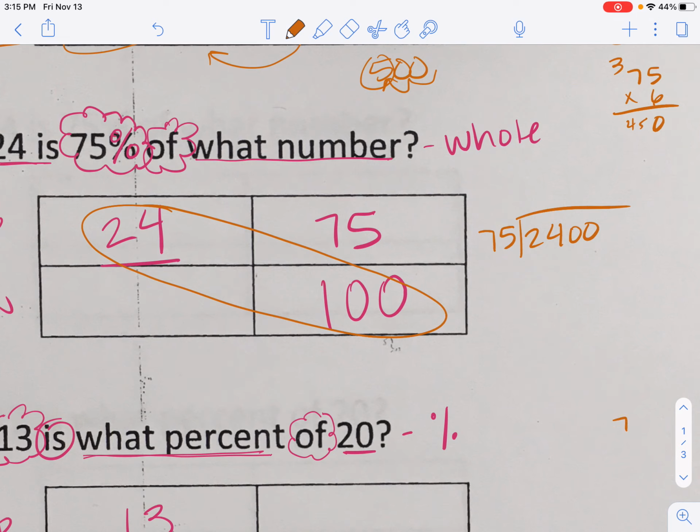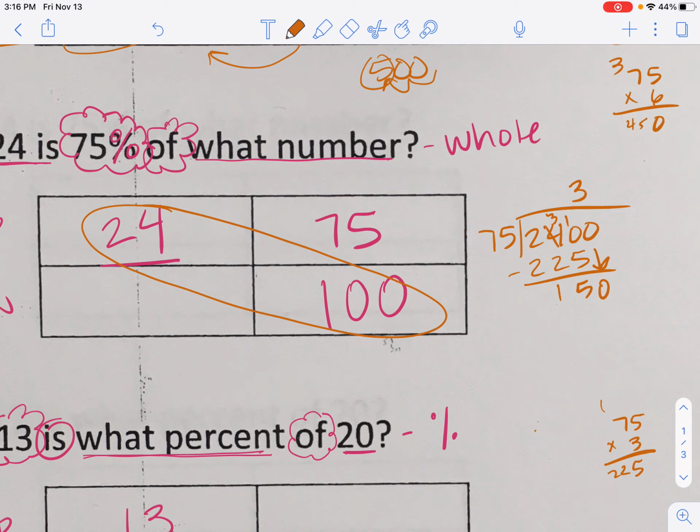So let's try 75 times 3. All right, 3 times 5 is 15. 3 times 7 is 21, plus 1 is 22. 225. And I know that if I try to do another 75, it'd be too much. So I'm going to put my 3 up here. 75 times 3, I just saw, was 225. All right, when I subtract, this is going to be a 5, 1, and 0. All right, so 15, bring down my 0. 75 going into 150.